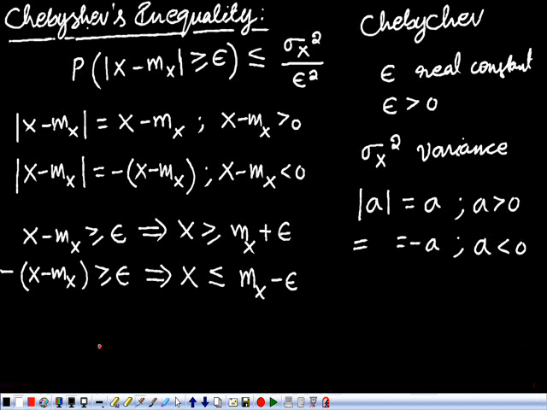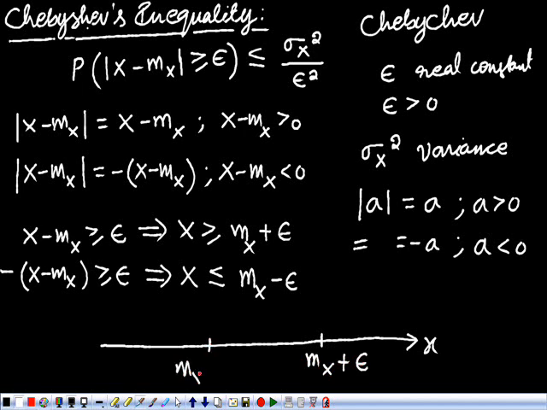So from this we can say that this is the x-axis, real axis. Let this be mx plus epsilon, and this be mx minus epsilon. Okay. So here x is greater than or equivalent to mx plus epsilon.